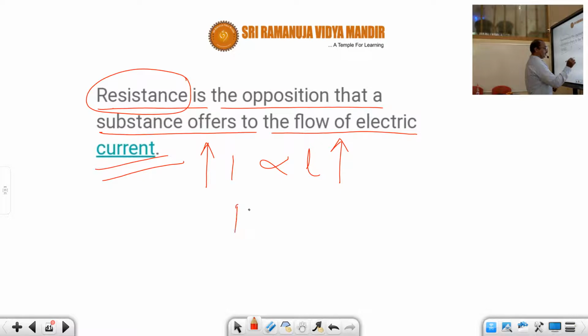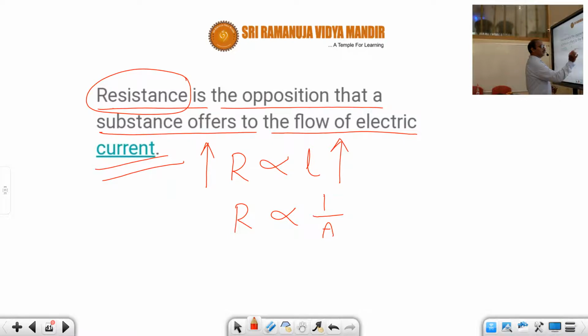And again, the resistance is inversely proportional to the area of cross section. So inversely related, that's why R and A are written in this manner.